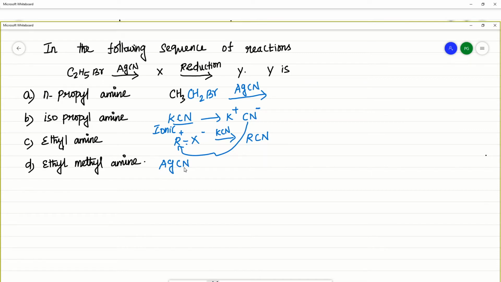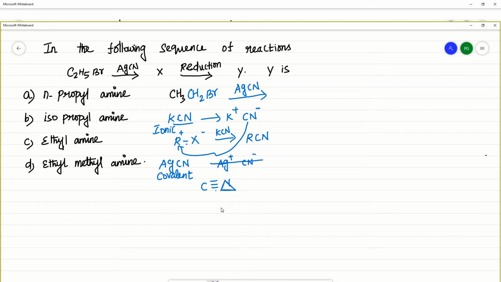But AgCN is a covalent compound. So we cannot make it as Ag plus and CN minus, because there is no transfer of electron, it is a covalent compound. What happens? See, CN minus is C triple bond N, and N is more electronegative.